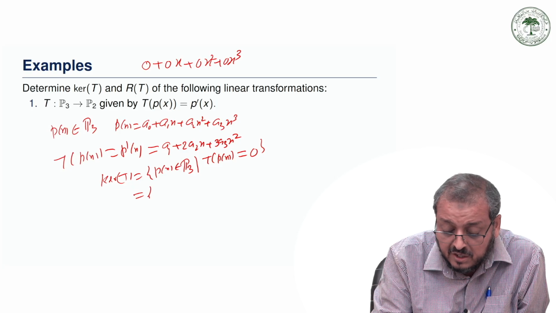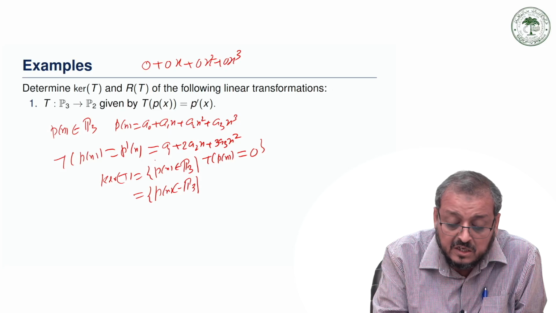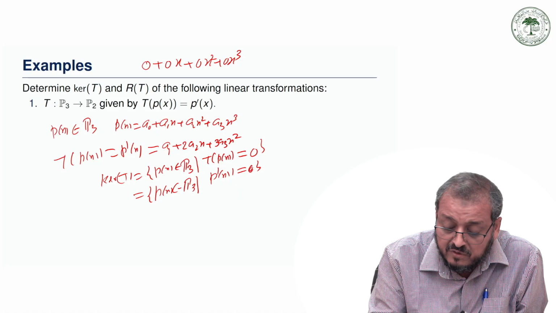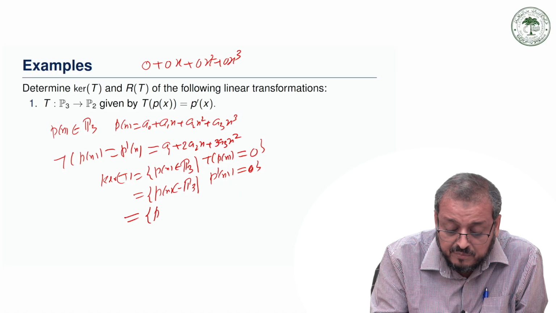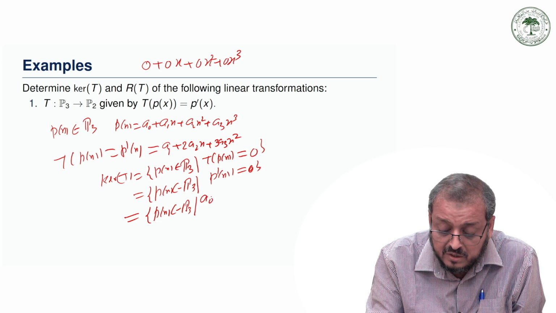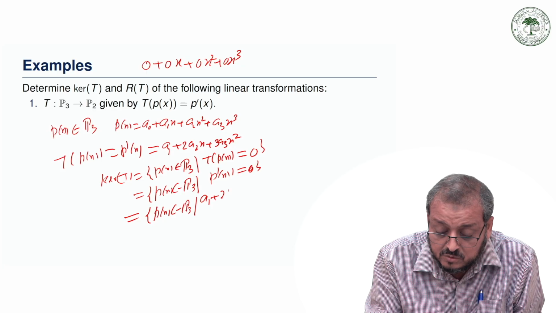So we can write it as the set of p(x) in P3 such that p prime of x is equal to 0, which can be written as the set of p(x) in P3 such that a1 plus twice a2x plus 3a3x square is equal to 0.